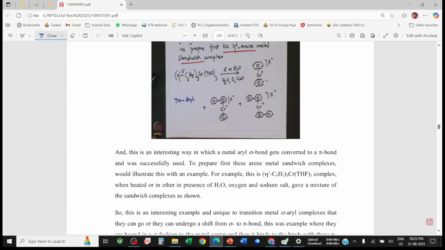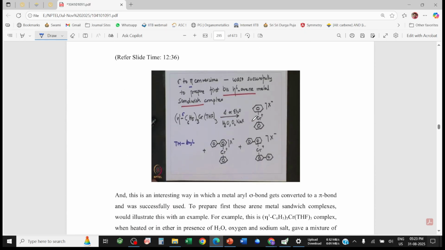This one is another good example where we can prepare an eta 6 arene complex, a sandwich complex, from the eta 1. So here you can see the eta 1 sigma complex, that is Cr(C6H5)3(THF)3, is converting to a chromium complex with the eta 6 arene ring.